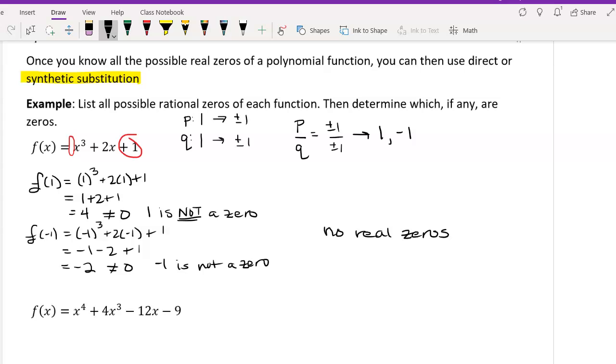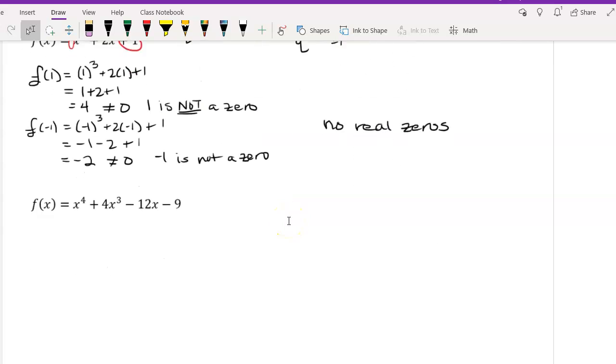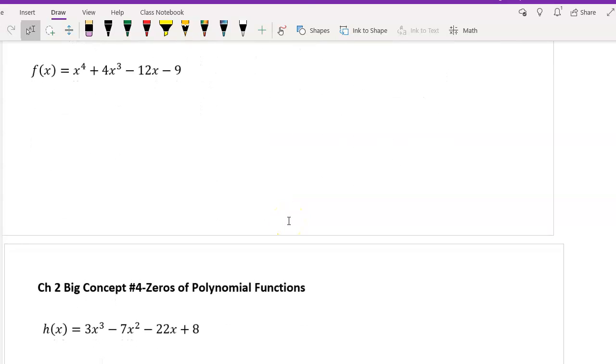All right, so now we're going to take a look at the next example. We're going to take a look at our P's and our Q's. So in this case, our P is that negative 9. So P equals negative 9. So factors of P are plus or minus 1, plus or minus 3, plus or minus 9.